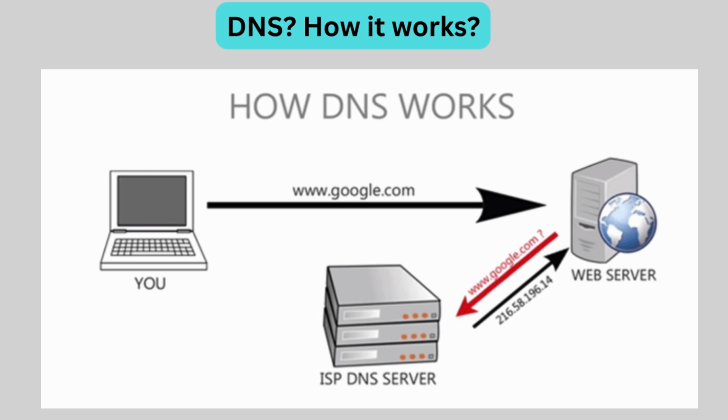So when we type a web address like google.com, our internet service provider will view the DNS and get the IP address, let's say 216.8.196.144, associated with that domain name, and then direct the internet connection to the correct website, so that we don't have to remember the IP addresses.